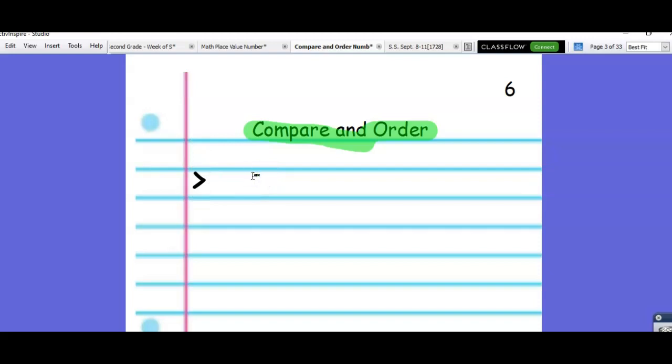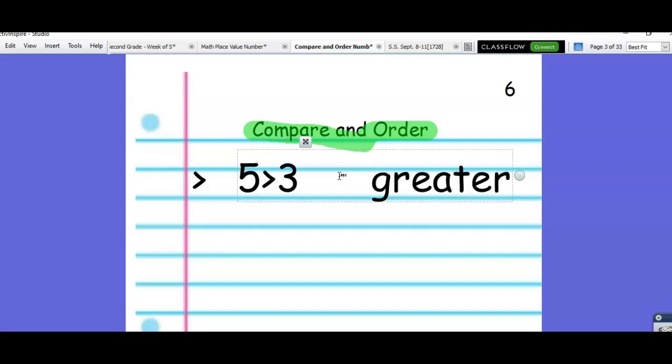What that means is if I put 5 is greater than 3. And then you're going to just write down greater than. So that's the symbol for greater than. This symbol right here means greater than. And whenever you see this, you would read this number sentence, 5 is greater than 3.